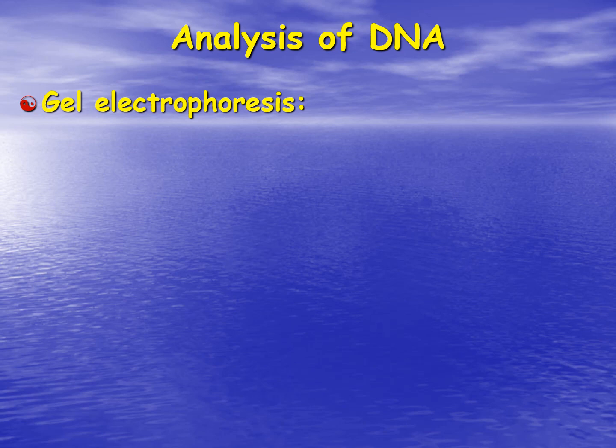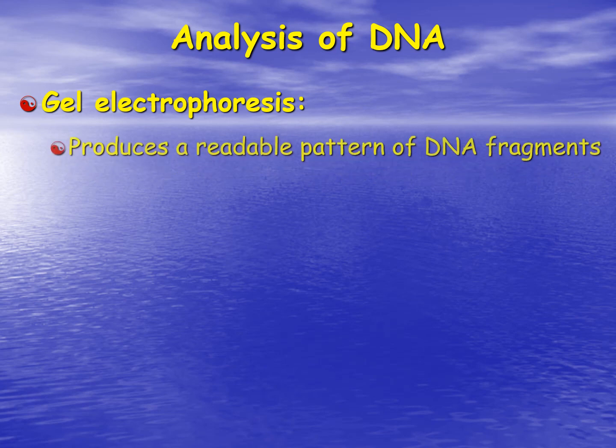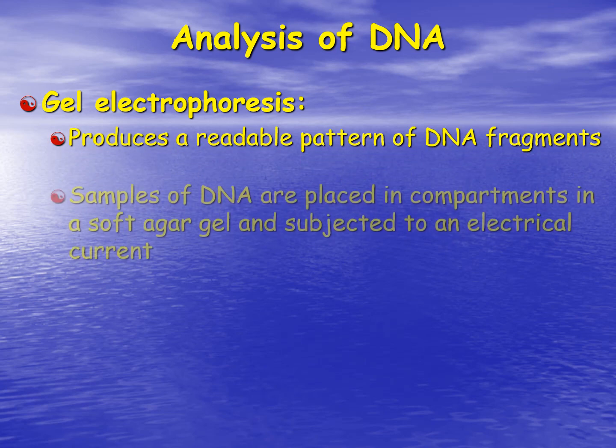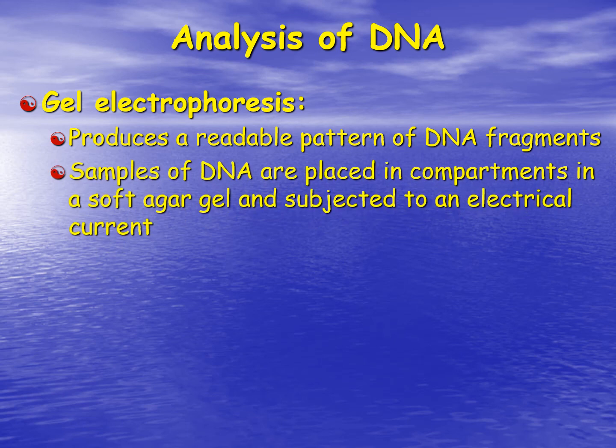Now then, how do we analyze the DNA? Well, oftentimes after cutting it or making complementary pieces of it, we can then go put it into gel electrophoresis. This produces a readable pattern of the DNA fragments based upon weight and electrical charge.